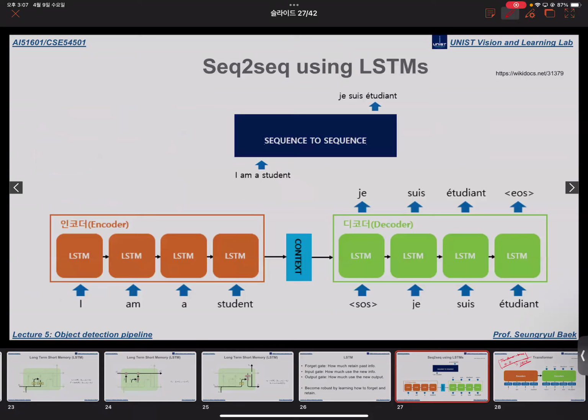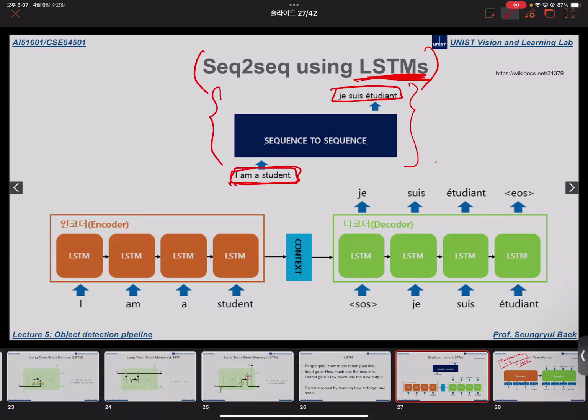And I have to explain this kind of sequence to sequence model to you. Using these LSTMs as the basic block, this is what is achieved when doing translation. Our input is a sentence, and the output is, maybe, French.